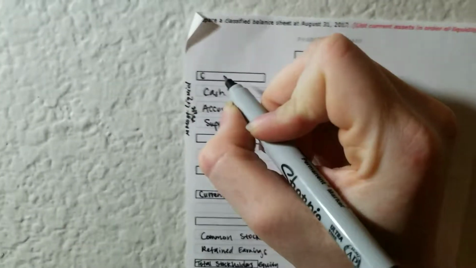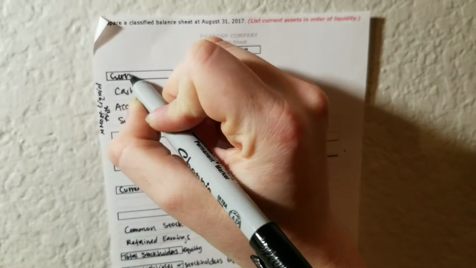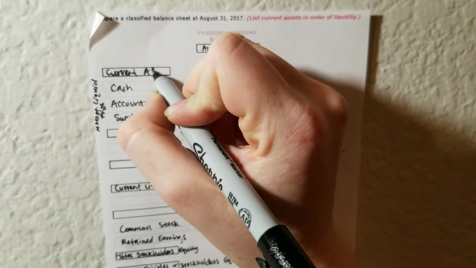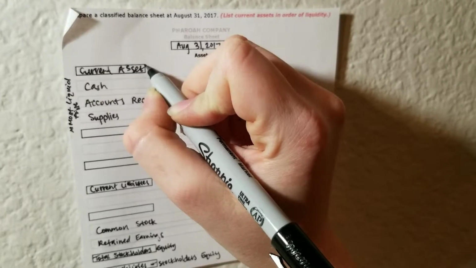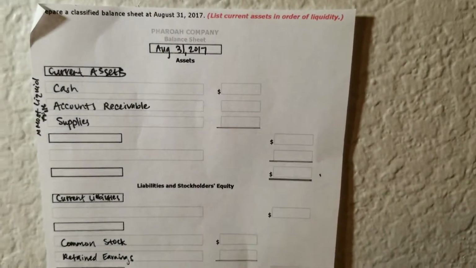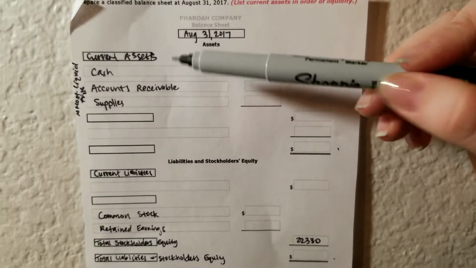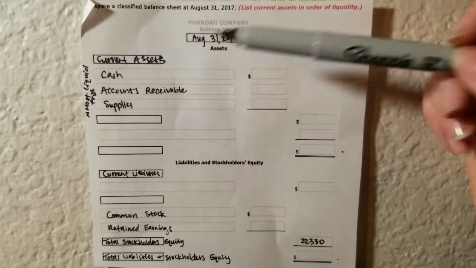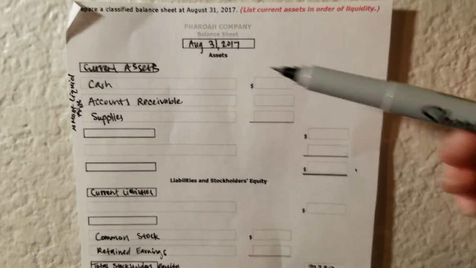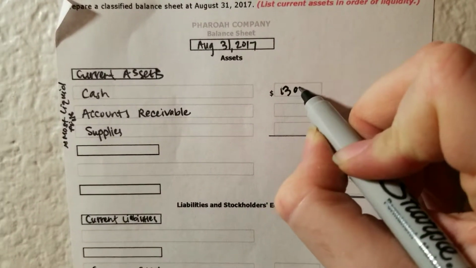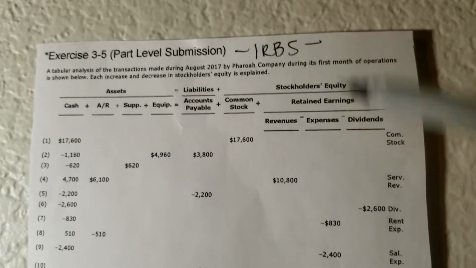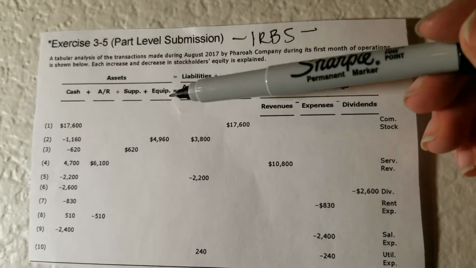We start with our current assets. You start with the most liquid and go down. So cash is going to be first, and that is $13,000 if we reference the sheet here.